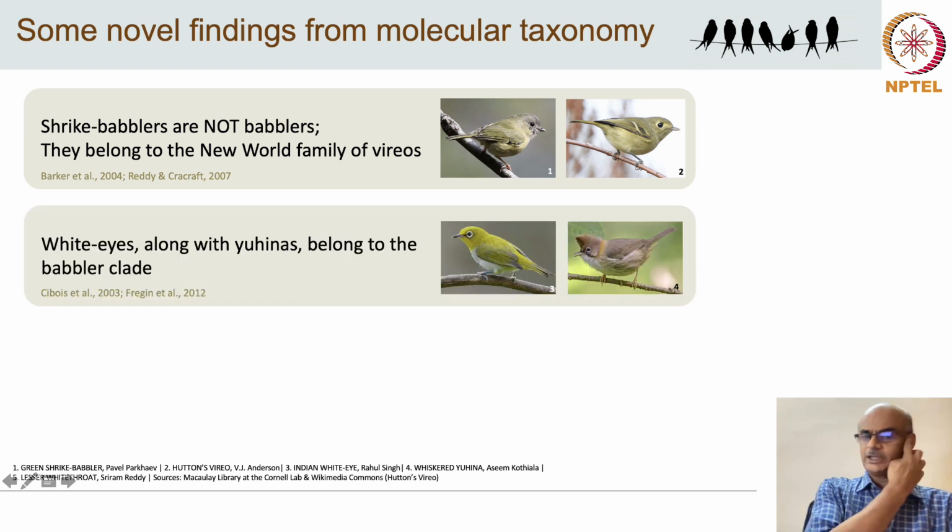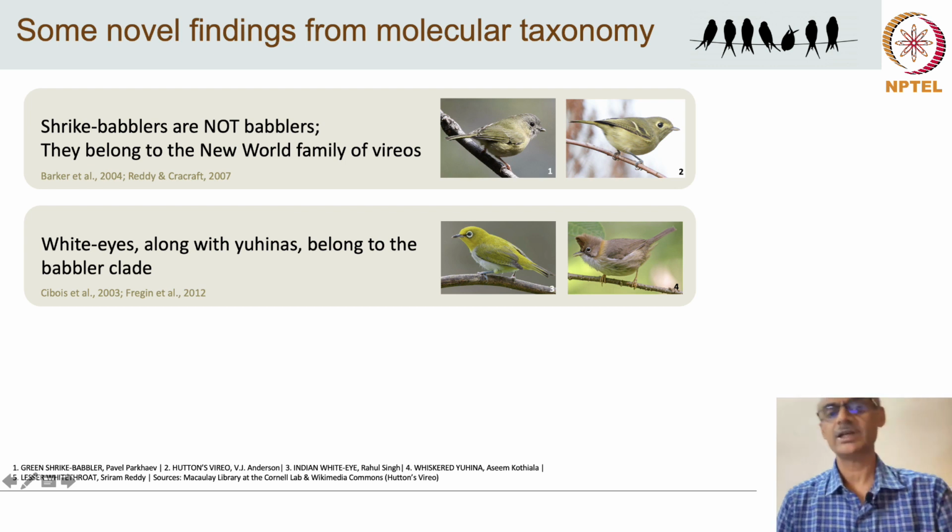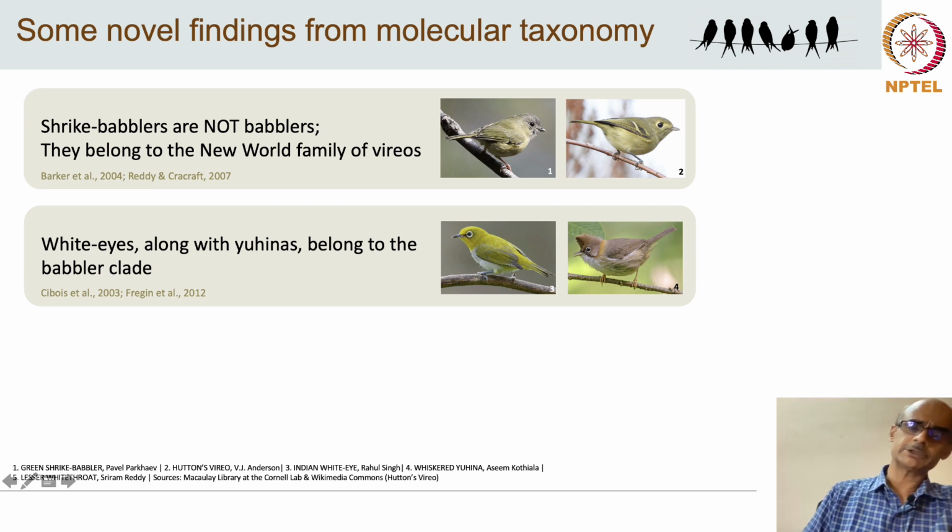And very interestingly, white eyes, very common birds of the hill gardens, hilly regions and gardens. So they were, along with yuhinas, considered to belong to the babbler clade, because white eyes are always treated along with sunbirds, flowerpeckers and other things, because white eyes are also largely nectarivorous birds, though they do take insects and fruits sometimes.